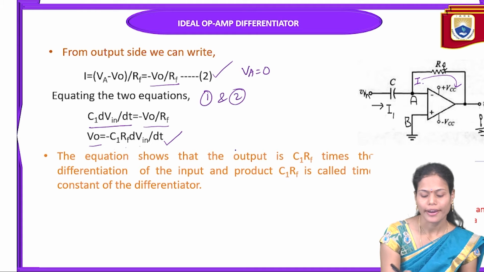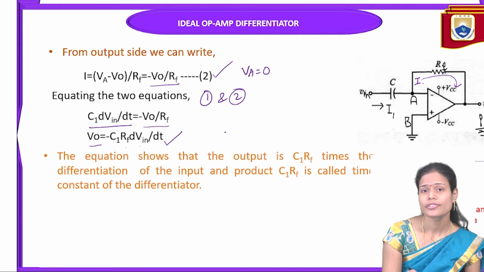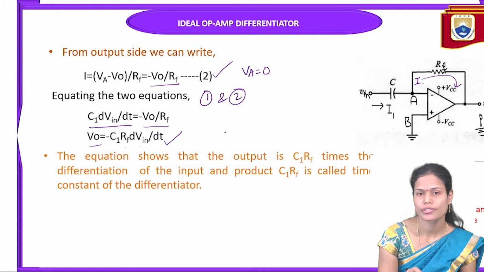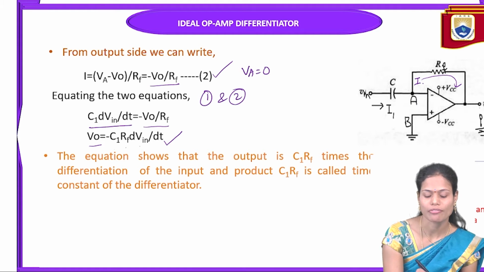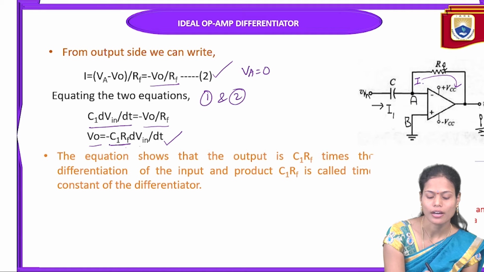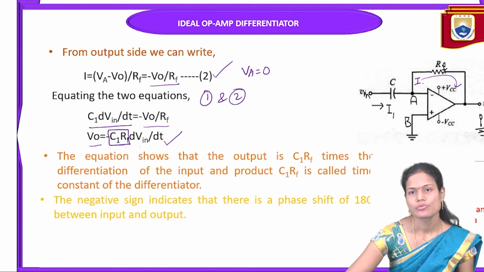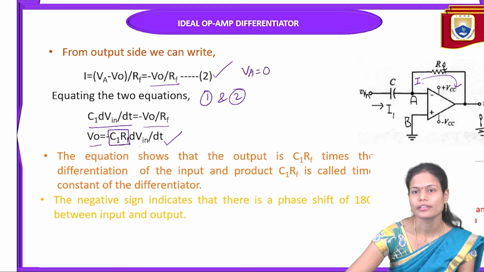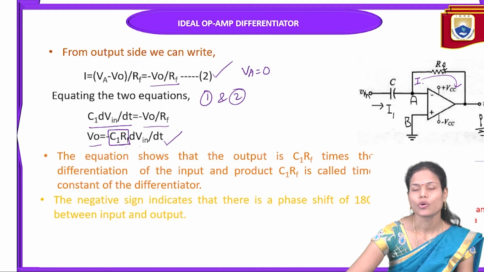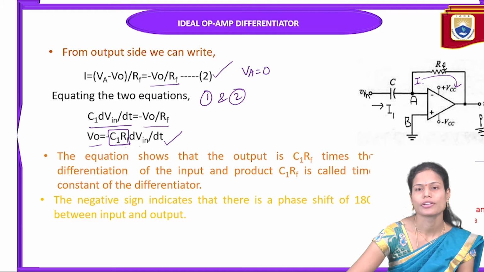How much differentiation it is providing depends upon the values of C1 and RF here. And again, the negative sign in the output indicates that the output has a 180 degrees phase shift with the applied input signal.